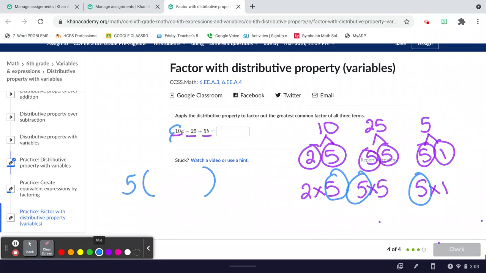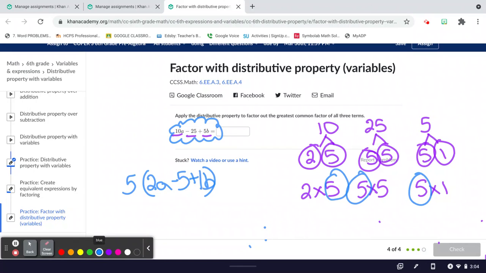Each one of these up here, I'm going to divide by 5 and then put my letter back. 10 divided by 5 is 2. I put my letter A back. Bring my negative sign down. 25 divided by 5 is 5. Bring my positive sign back down. 5 divided by 5 is 1, and I put my B back.